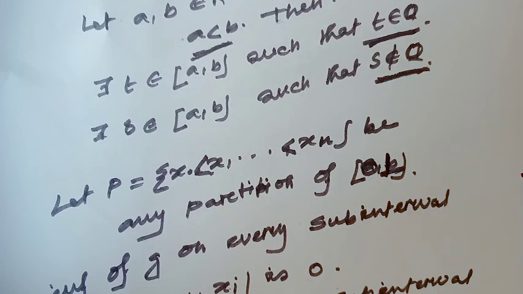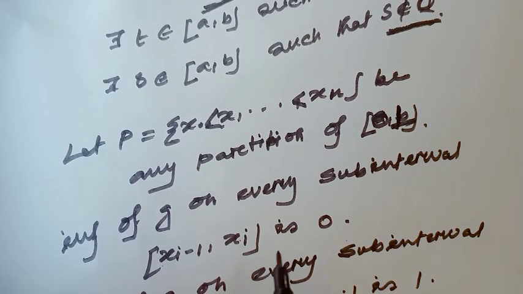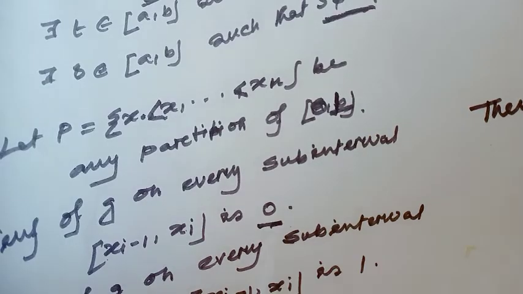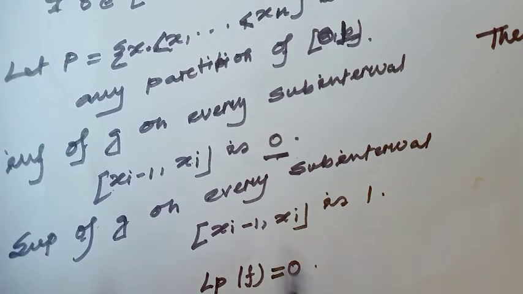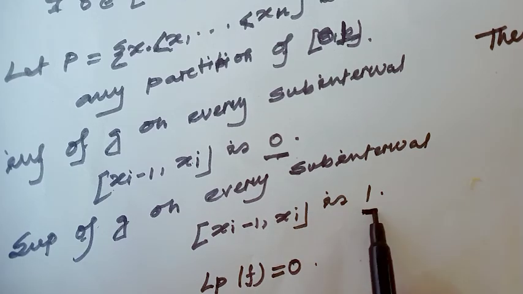Then the infimum of g on each subinterval will always be 0, since the function is defined like this, and the supremum, similarly, for every subinterval will always be 1.